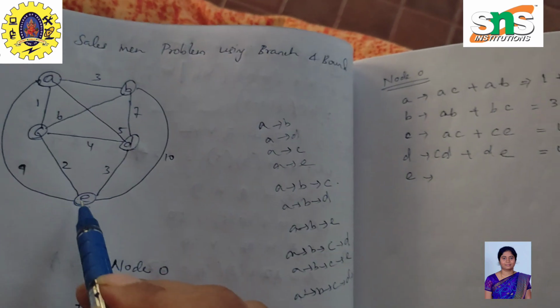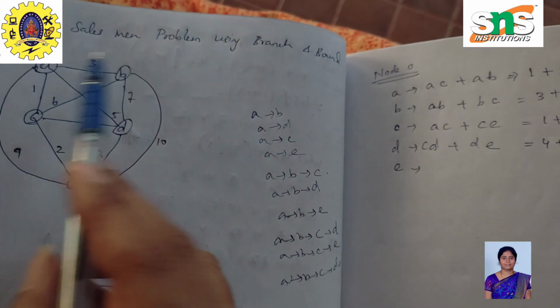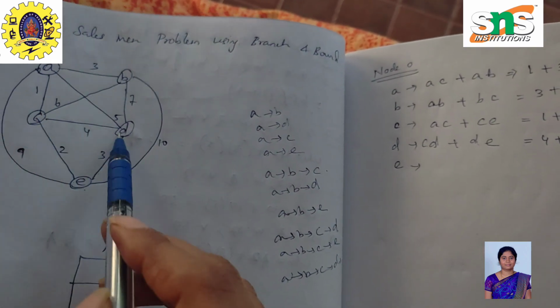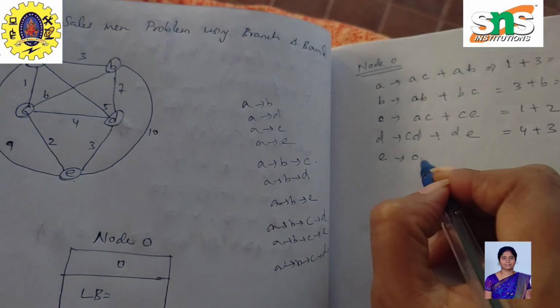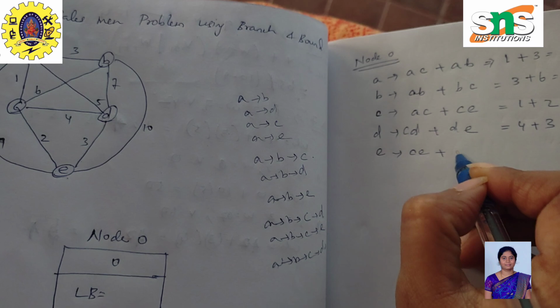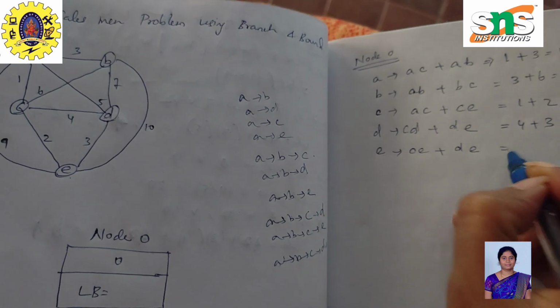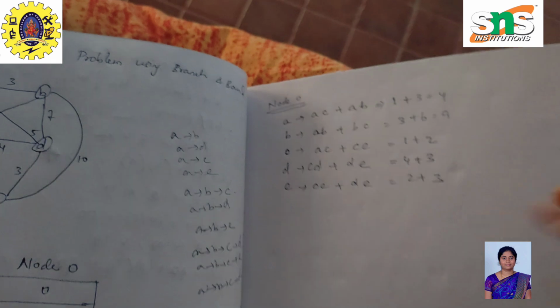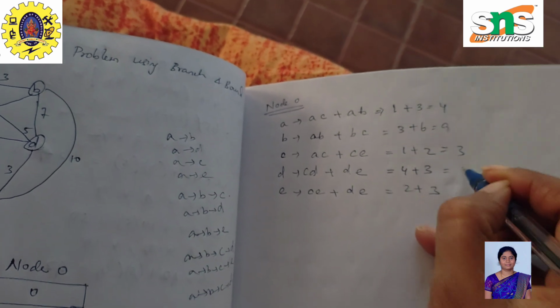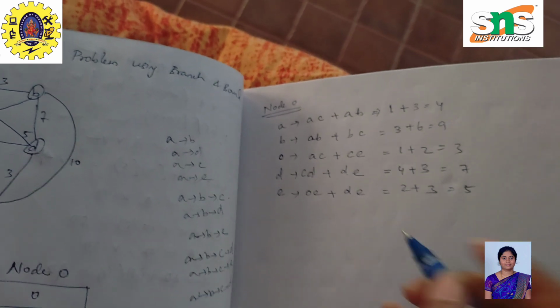And for E, I have adjacent nodes A, B, C and D. Among these I have CE plus DE, which is 2 plus 3. So the values are 3, 7 and 5.